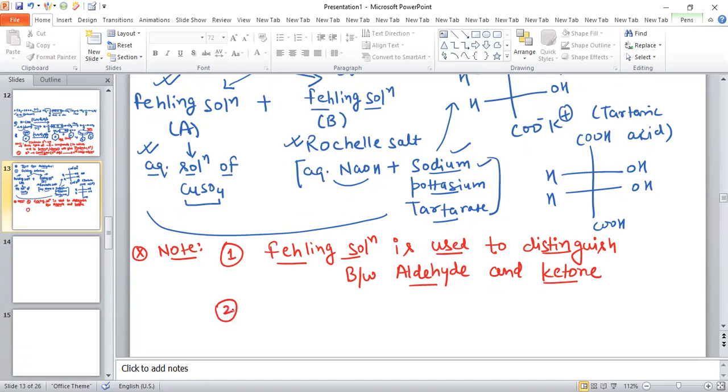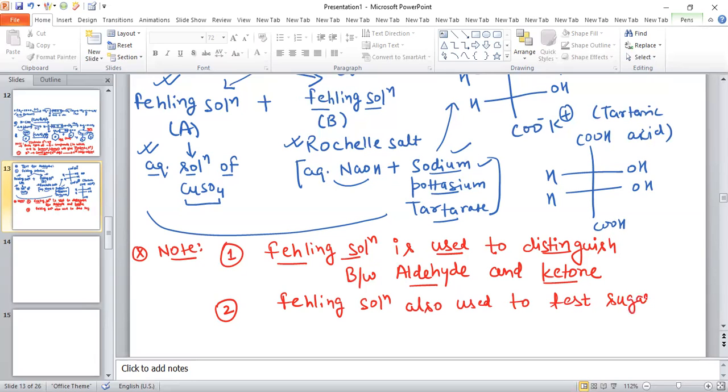And another utility of Fehling's solution is that Fehling's solution is also used to test sugar in urine.